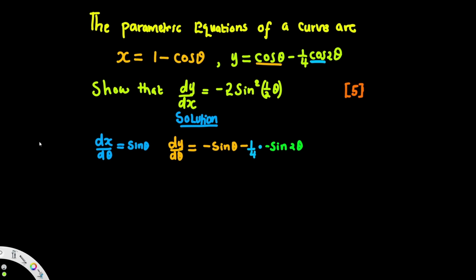Then differentiate 2 theta itself, and that becomes 2. This simplifies to negative sine theta plus a half sine 2 theta.